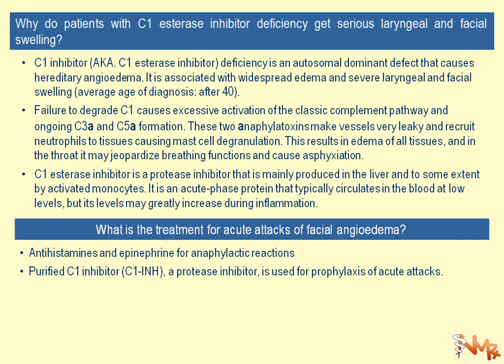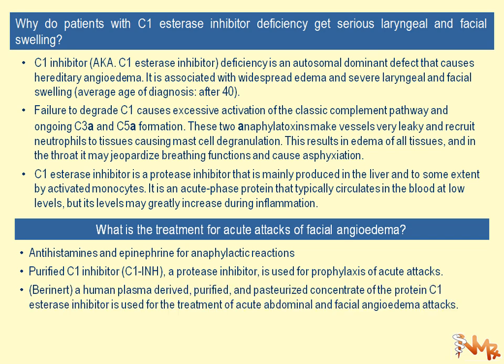C1-INH. This is a protease inhibitor and is used for prophylaxis of acute attacks in individuals who get recurrent attacks. The other medication is Berinert, which is a human plasma-derived, purified, and pasteurized concentrate of C1 esterase inhibitor protein.